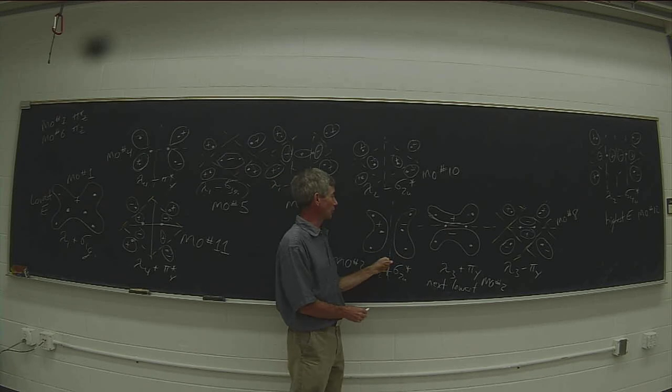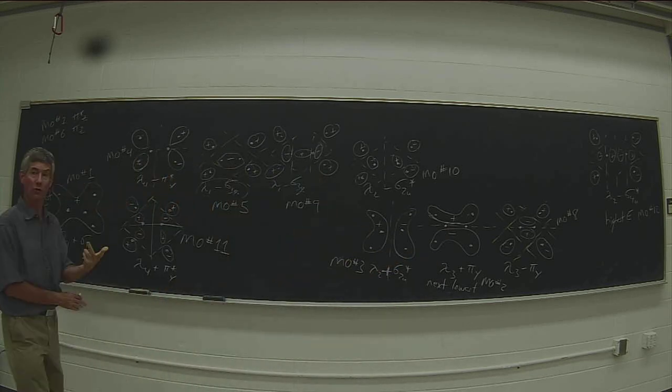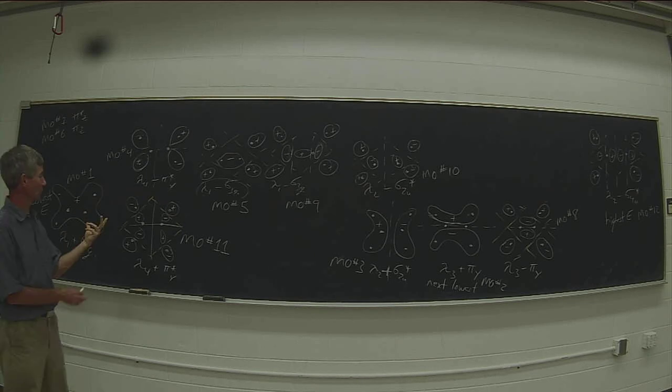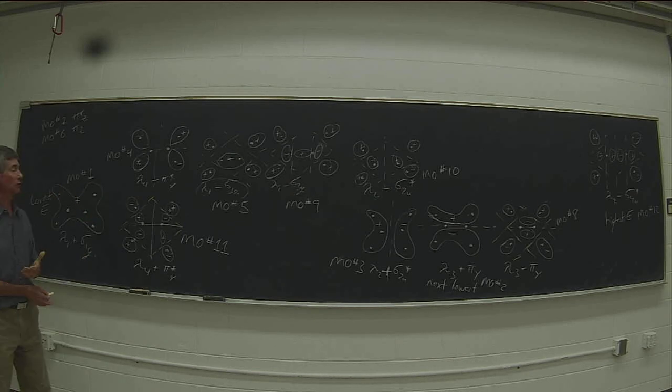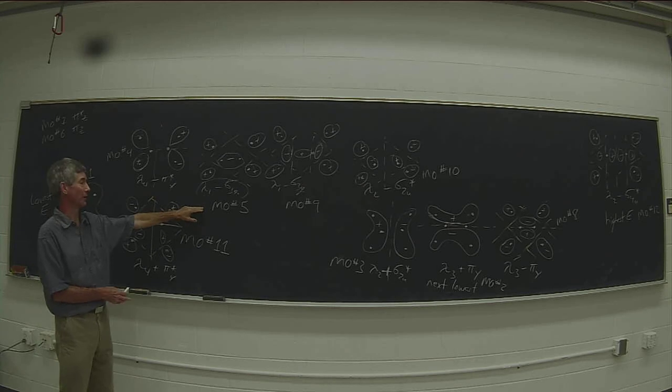But the two single node orbitals in this case are not bonding and anti-bonding in equivalent fashion, so they are not degenerate. And then you'll see as we go up, we gradually increase the total number of nodes. Right? So there are more nodes in MO number 4 than there were in 2 and 3. And MO number 5 has more nodes than the rest.